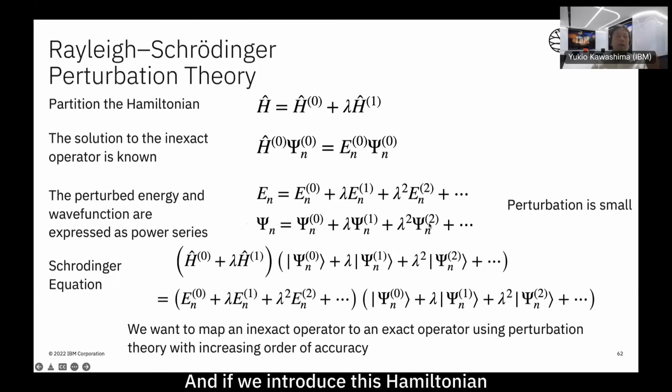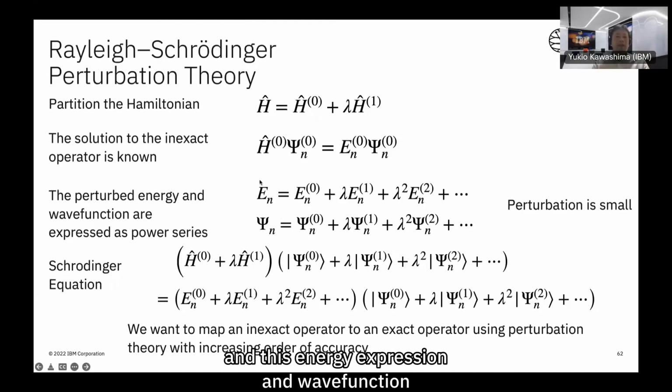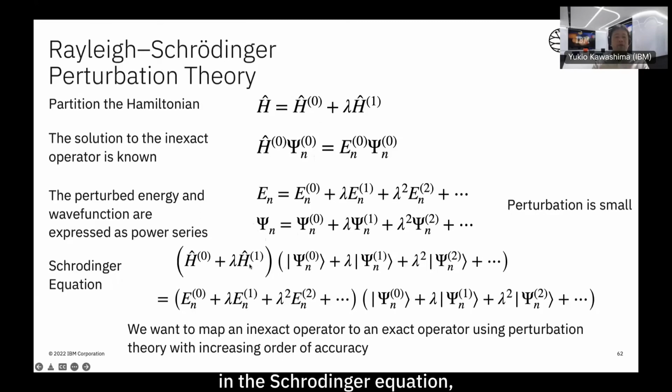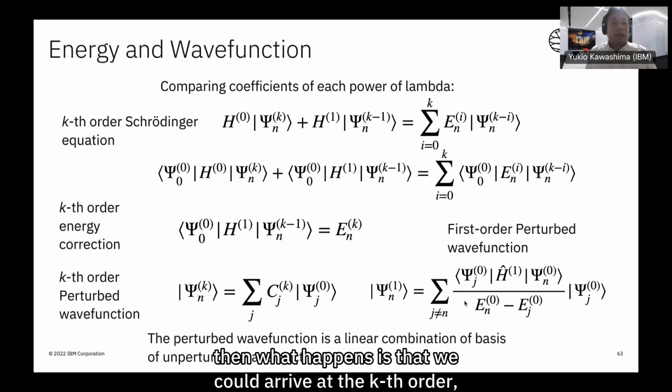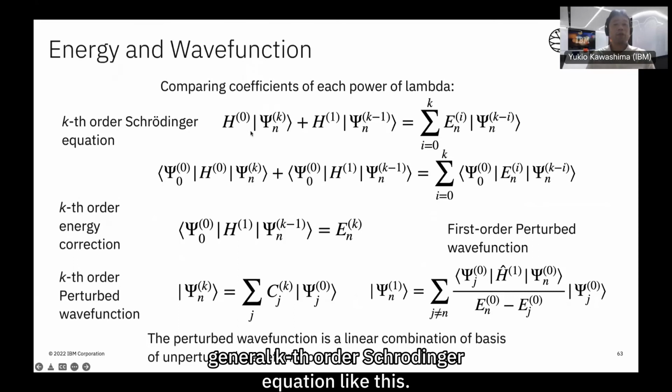If we introduce this Hamiltonian, energy expression and wave function into the Schrödinger equation, it'll be like this. And comparing coefficients of each power of lambda, we arrive at the general kth order Schrödinger equation like this.